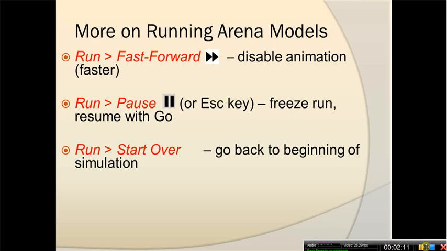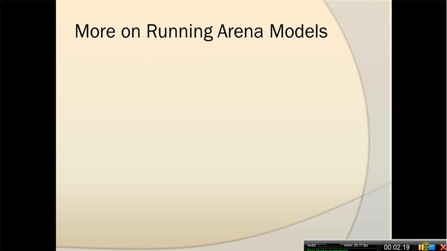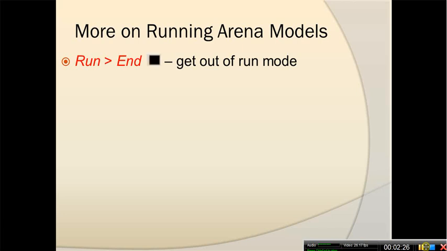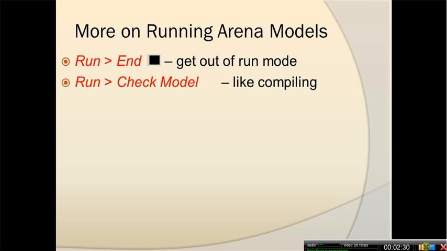We can also say Run, Start Over in Arena or press this button to go back to the beginning of the simulation. If we go Run, End in Arena or press this button, we get out of the run mode. We can also go Run, Check Model or press this button, and that allows us to do compiling.